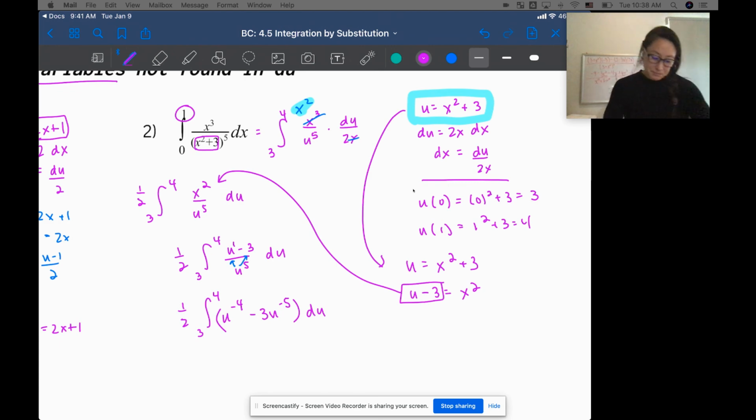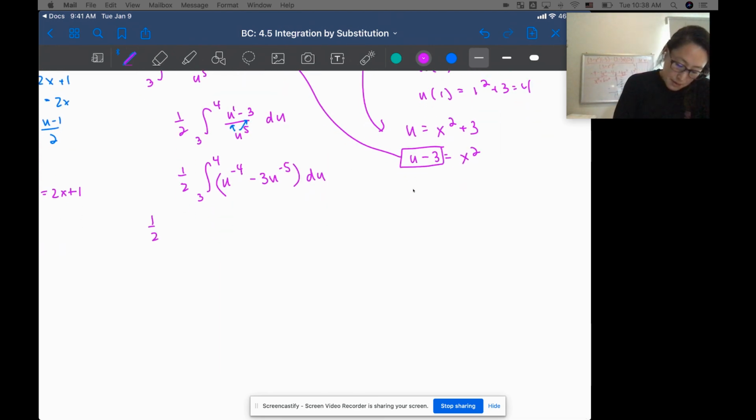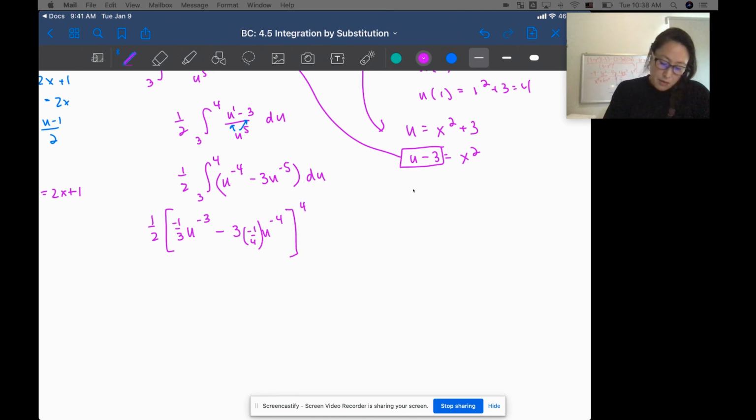Time to integrate. So I have 1/2 all times u to the negative 3 times negative 1/3 minus 3, and I usually leave a space, u to the negative 4 times negative 1/4, since I'm dividing by negative 4. Okay, all evaluated from 3 to 4. All right, so next up, we are going to just substitute in the values 4 and 3 for u.